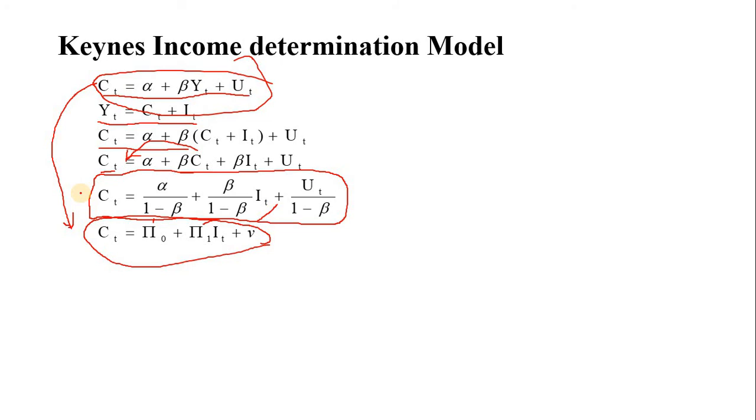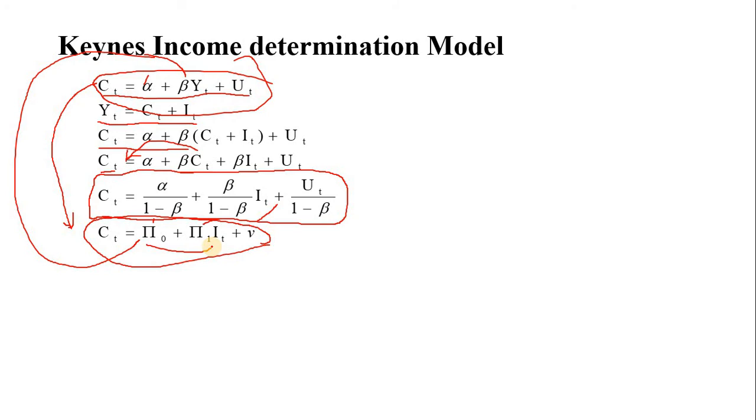Now, what is identification? Here we have alpha and beta. Can we find out the alpha and beta values from this pi 0 and pi 1? Pi 0 and pi 1 are the reduced form parameters, alpha and beta are the structural parameters.